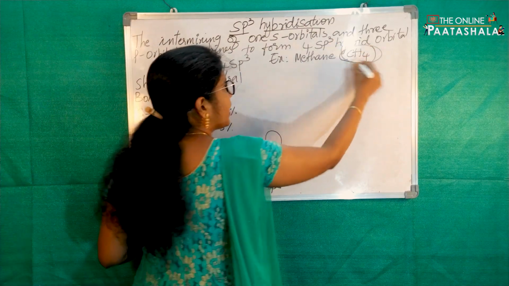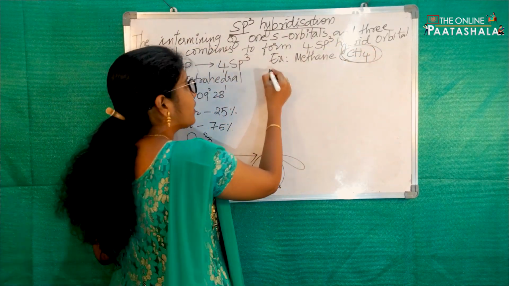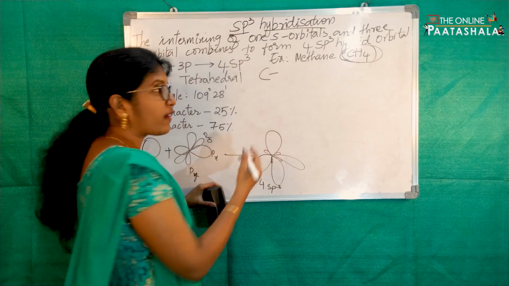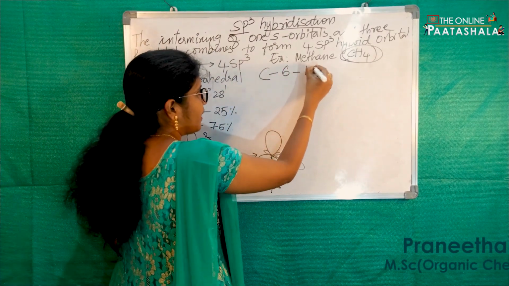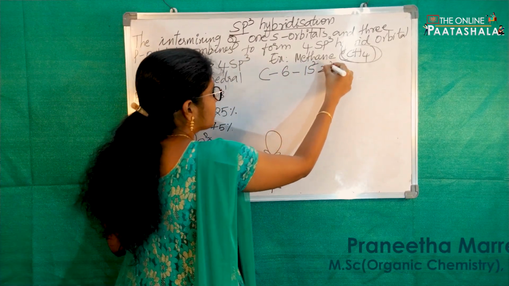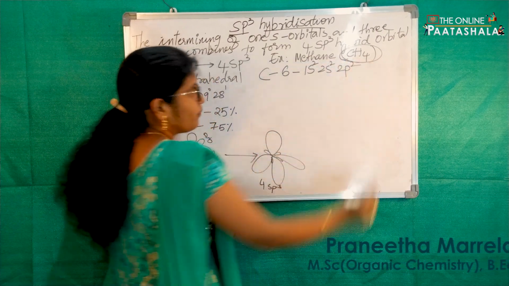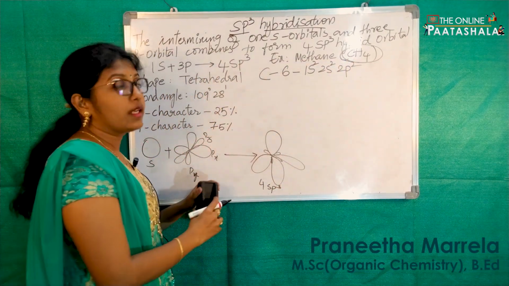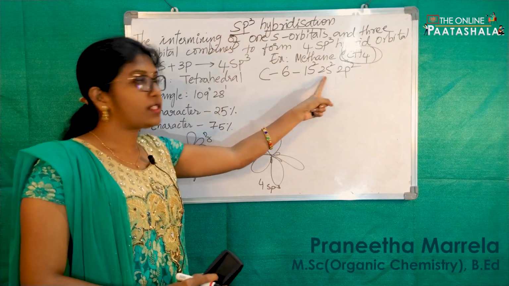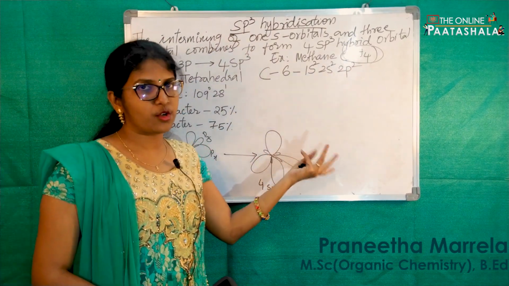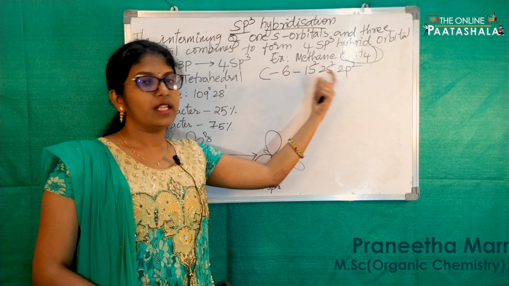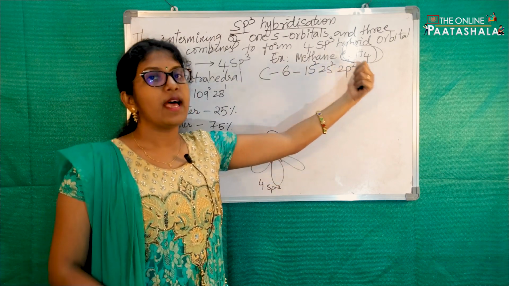In this CH4, what is the central atom? Carbon, right? What is the atomic number of carbon? 6. What is the configuration? 1s2, 2s2, 2p2, right? In the 2p there should be 3 p orbitals with electrons, but you are having only 2. That means this electron gets excited.